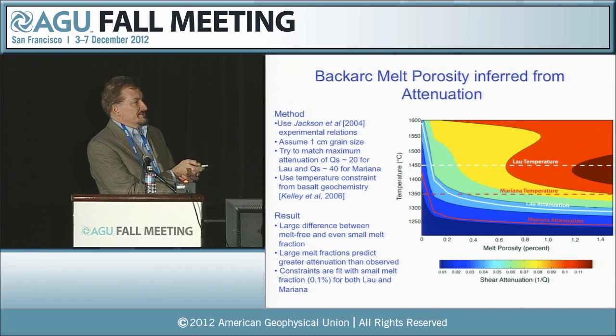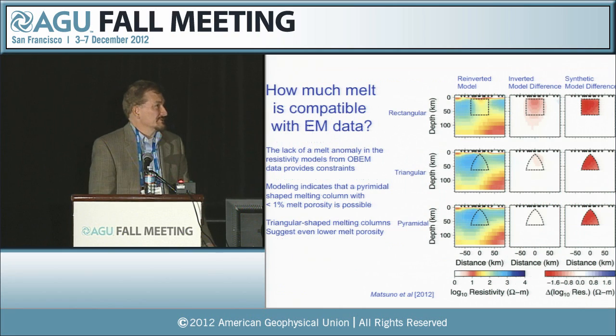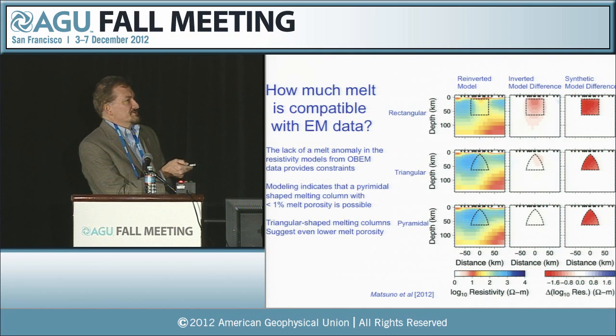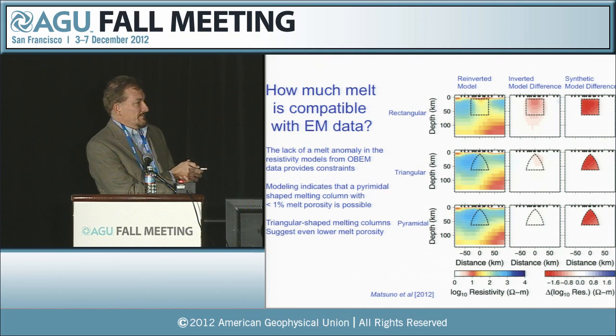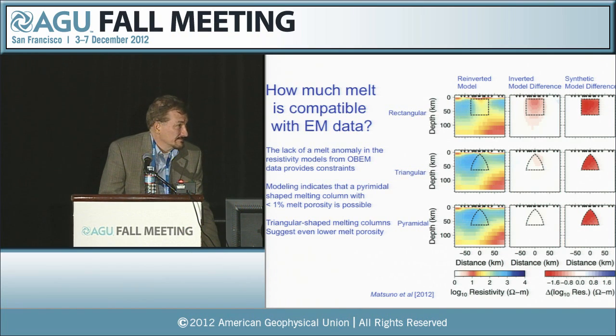And for both regions, we get something like 0.1% melt porosity from the attenuation measurements. This is just some results from a recent paper by Matsuno et al., suggesting that their EM measurements in the Mariana back-arc show that the amount of melt content in the mantle must be less than 1% melt porosity.